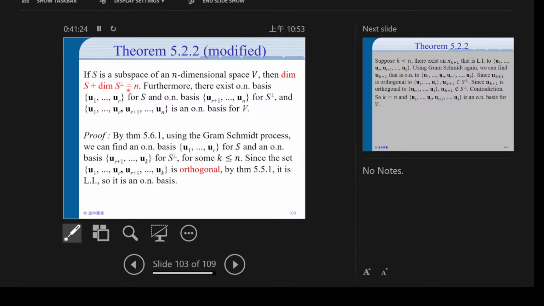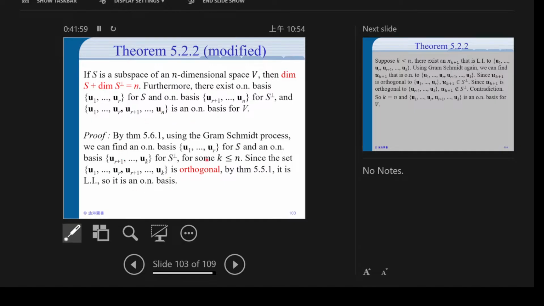We know S and S perpendicular have dimensions adding up to n, then we can find an orthogonal basis for S, and an orthogonal basis for S perpendicular, and then we see that if we put those two bases together, they will become an orthogonal basis. Oh, I guess here we actually have a full proof. So we can use the orthogonal basis to prove everything here.